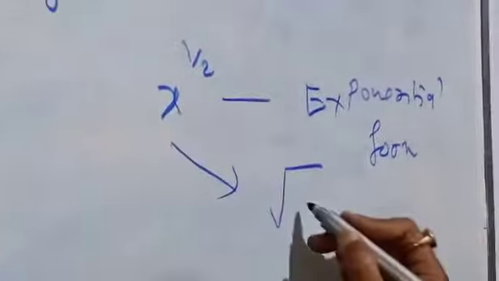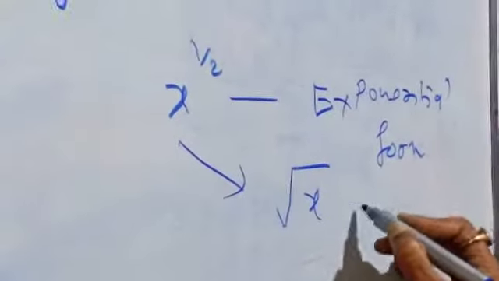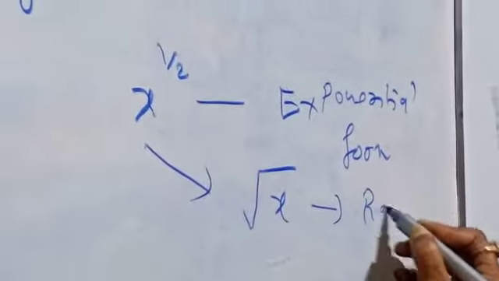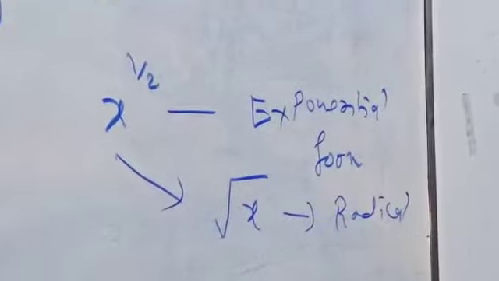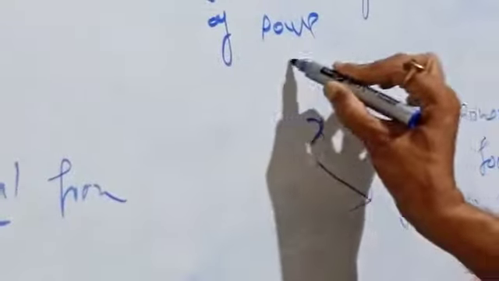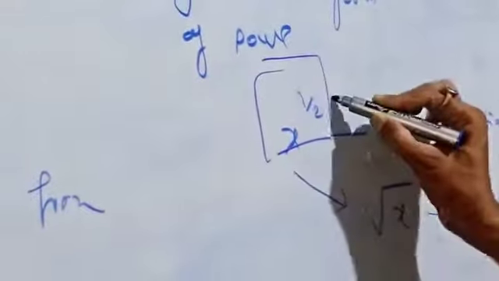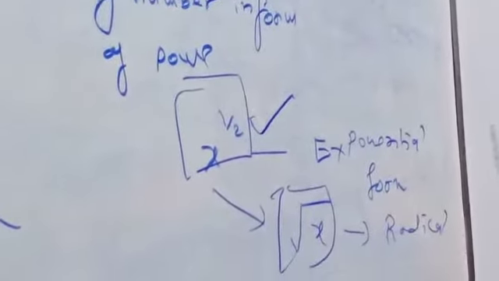The symbolic form means the 1 by 2 power can be expressed with this symbol, the root of x. This is called the radical. In the next class we will study the radical. So when the power form of expression is called exponent, the symbol form of expression is called radical.